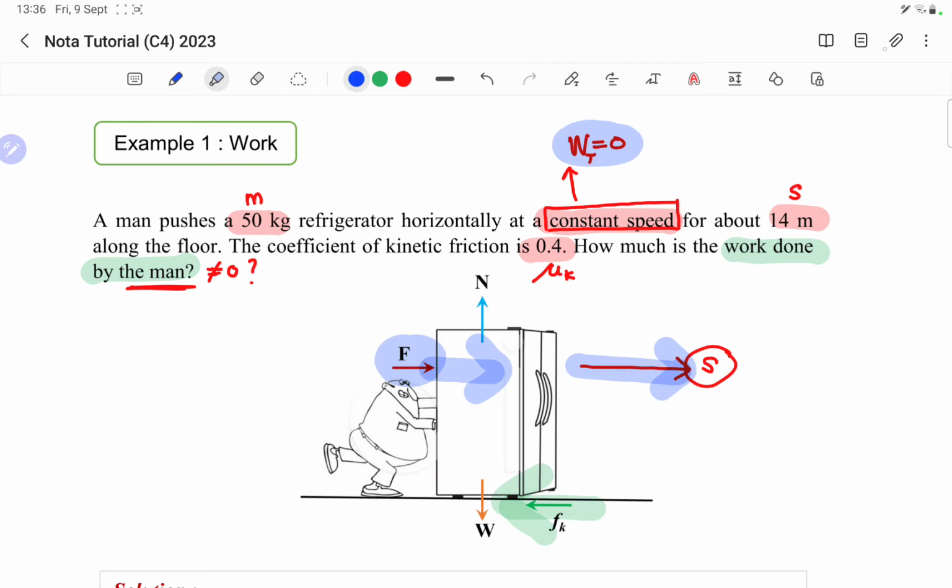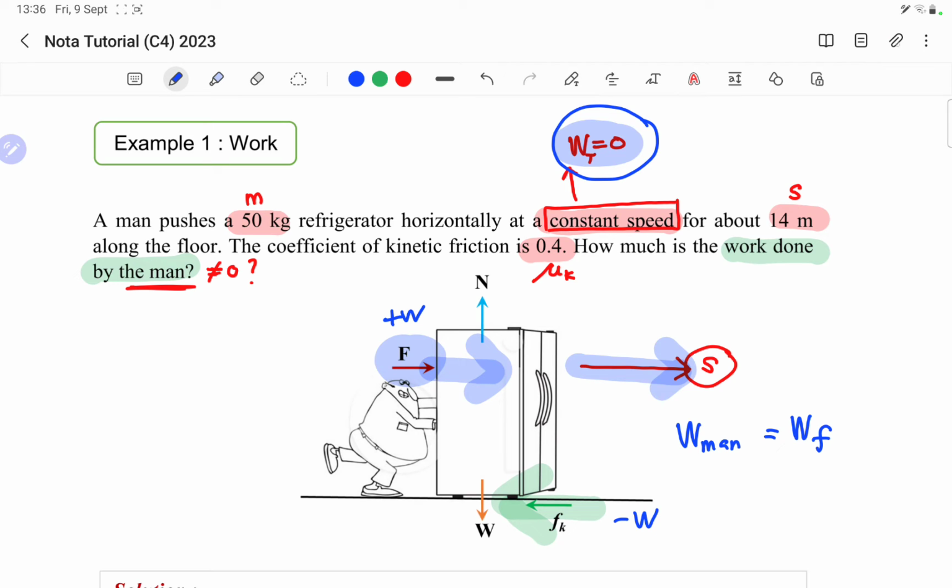This one is positive work, this one is negative work. In order to get total work done equal to 0, the magnitude of the work done by the man must equal the work done by the friction force. So the values are the same, they cancel out, the work done is zero, but the object is still moving.